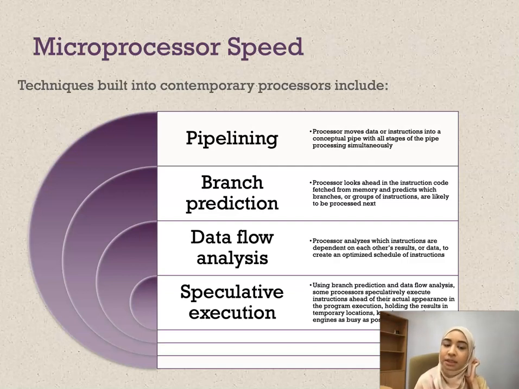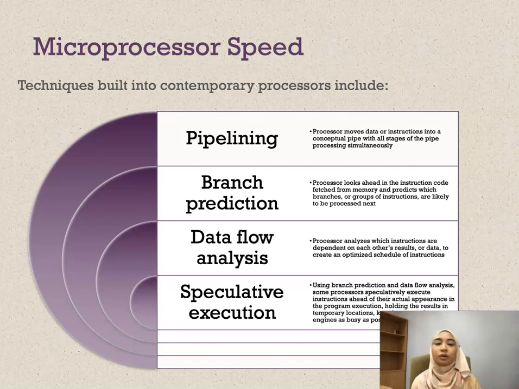Basically, it's trying to predict what it needs to do, fetch from the memory, and predicts which branches or groups are likely to be processed next. Then you have the data flow analysis, whereby the processor analyzes which instructions are dependent on each other's results to create an optimized schedule. And then you have your speculative execution, which uses branch prediction and data flow analysis to speculatively execute instructions ahead of their actual appearance.